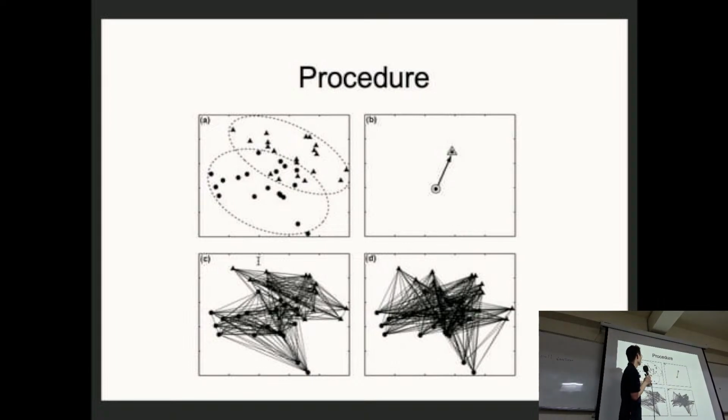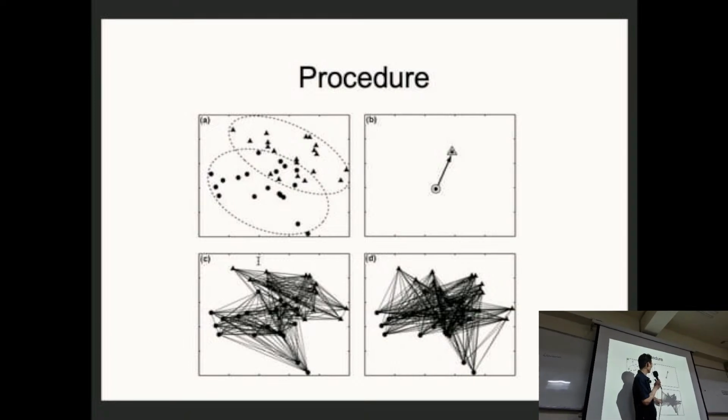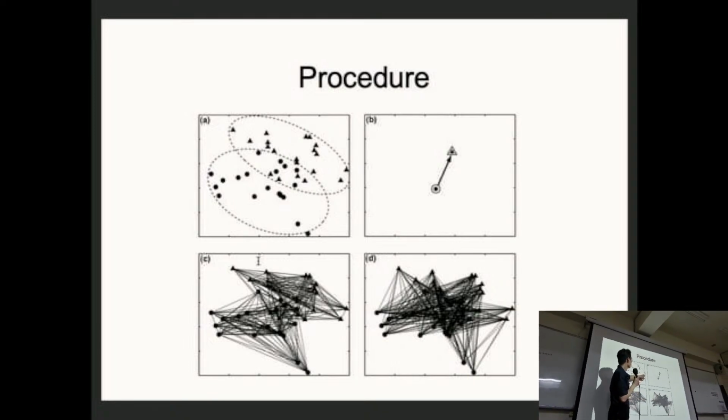Actually, that's an estimate of the variance within circle and the variance within triangle. You can then take some average of all the pairwise distances within. And then you calculate all the pairwise distances between the triangles and the circles.